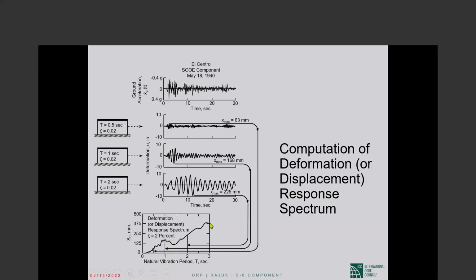Join the points that we get, and that will give us a curve which is the displacement response spectrum. So this is the first time we are coming up with a response spectrum. You see the concept. This one is a deformation or displacement response spectrum.